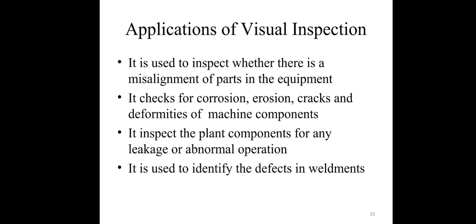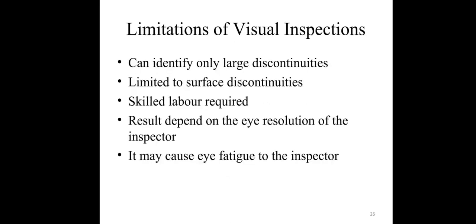It checks for corrosion, erosion, cracks, and deformities of machine components. It inspects the plant components for any leakage or abnormal operation. It is used to identify the defects in weldments.